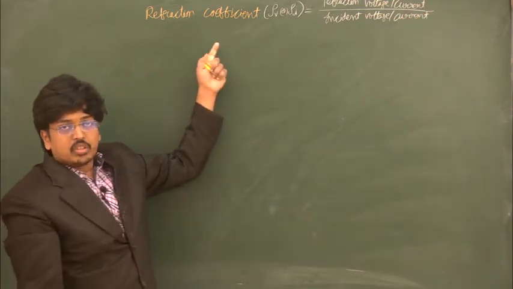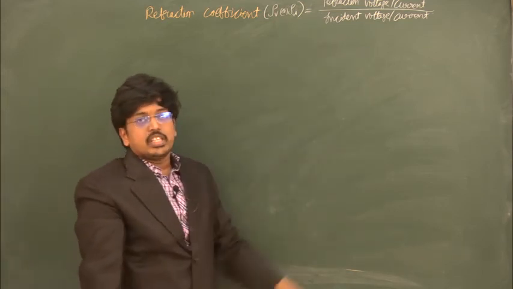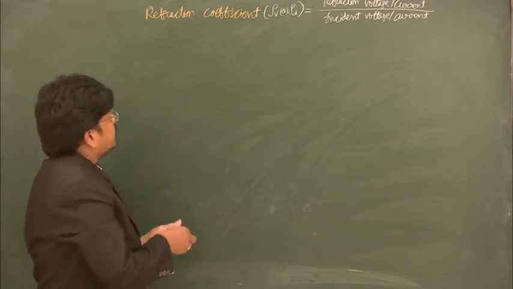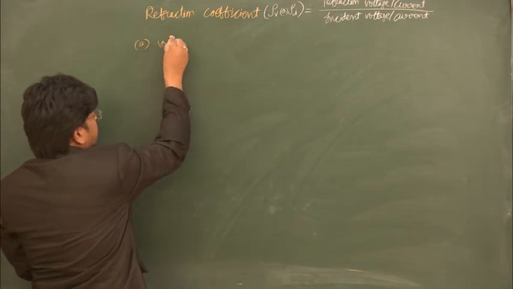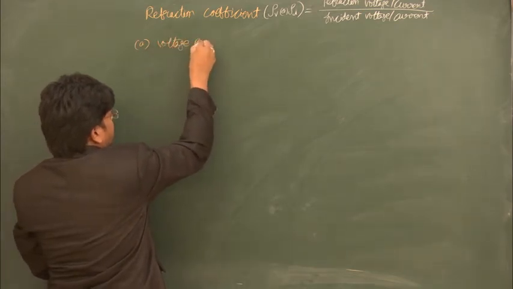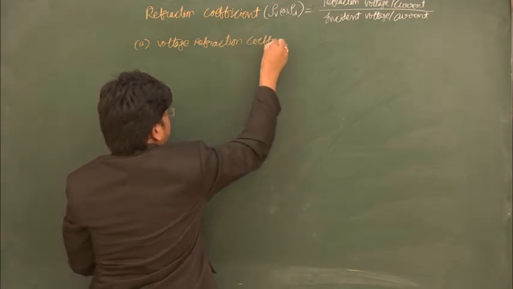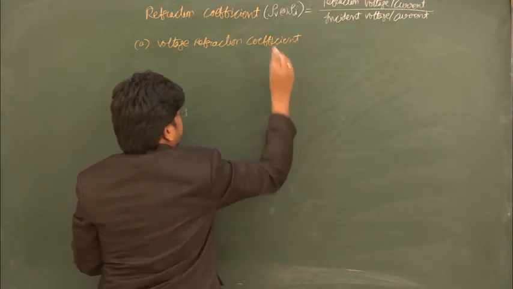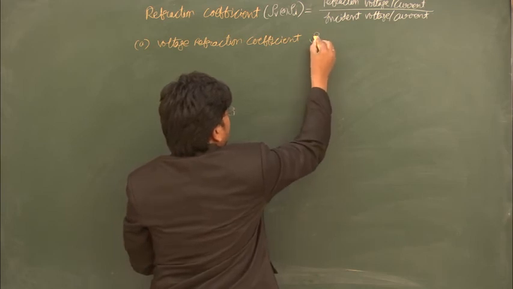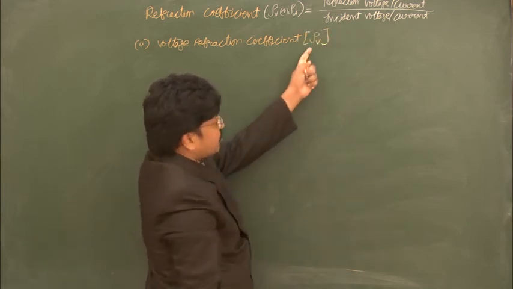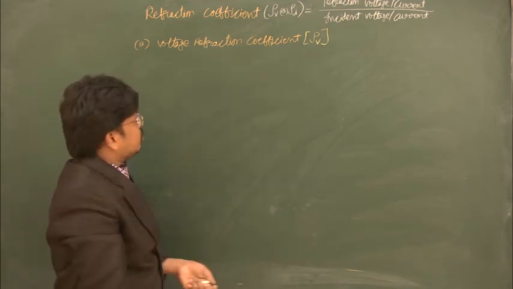Let me discuss the first one, the voltage refraction coefficient. Rho suffix V is the value used to represent the voltage refraction coefficient.